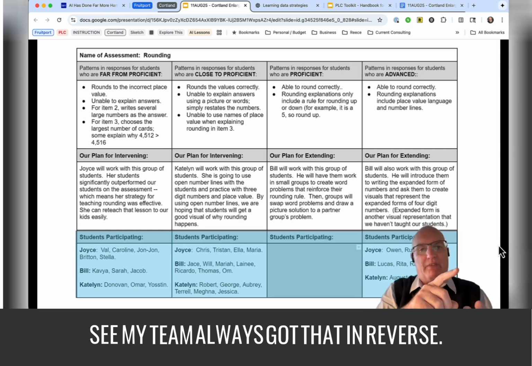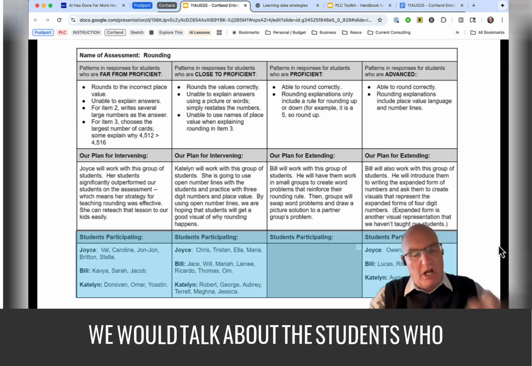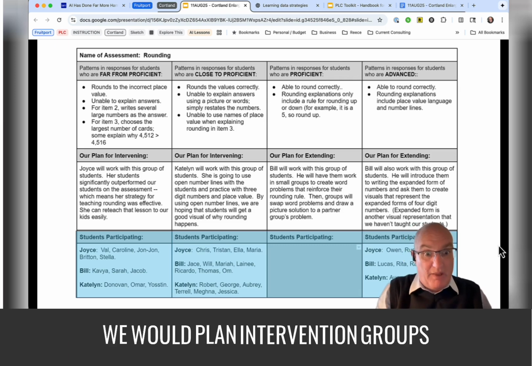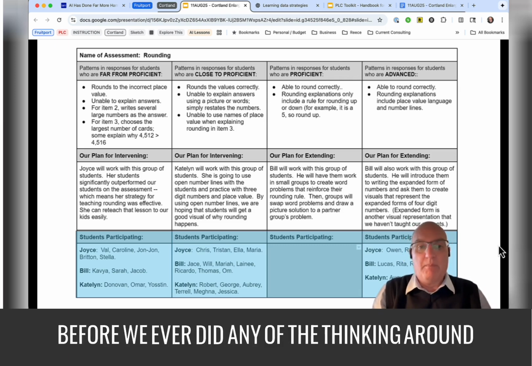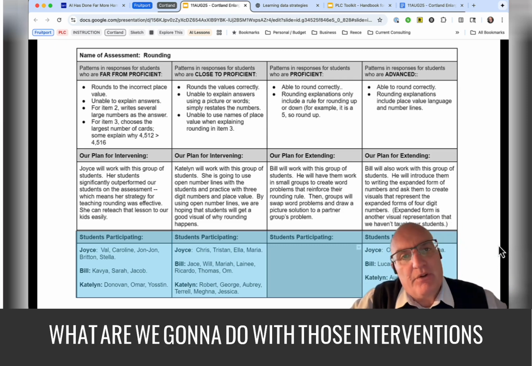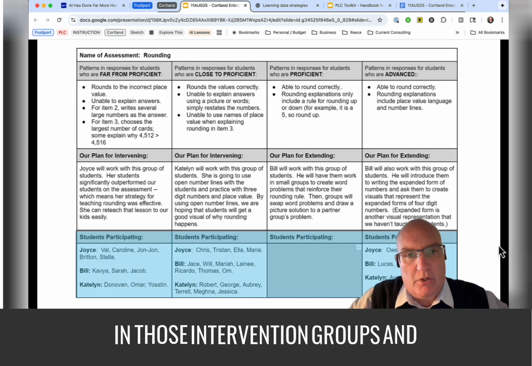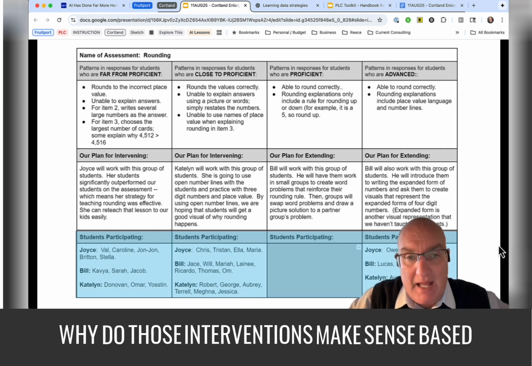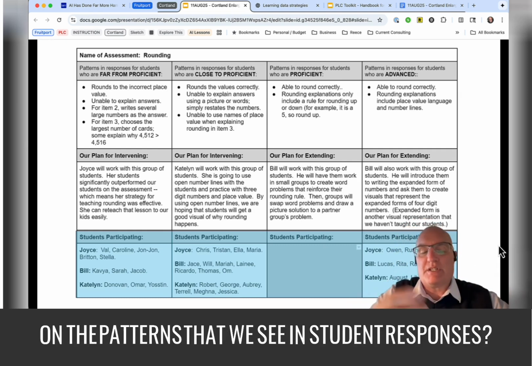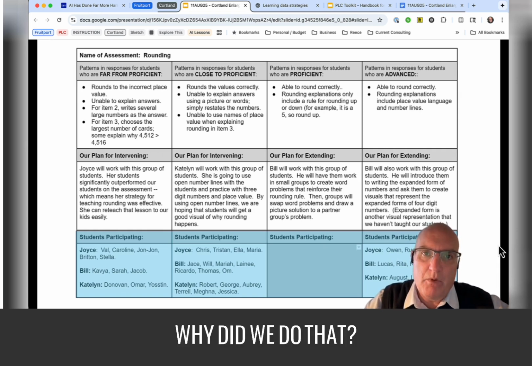See, my team always got that in reverse. We would talk about the students who needed intervention. We would plan intervention groups before we ever did any of the thinking around what are we going to do with those interventions in those intervention groups and why do those interventions make sense based on the patterns that we see in student responses. Why did we do that?